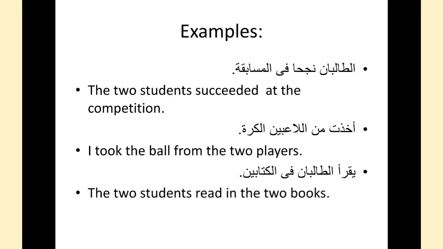The two students read in the two books. The two students means الطالبان. You can see here alif wa noon at the end. And the two books means الكتابين, which is the last word. The last word here has ya wa noon. So the two students and the two books are two nouns. We change them to the twice or the dual form by adding alif wa noon or ya wa noon.